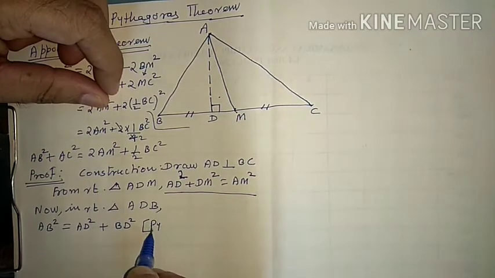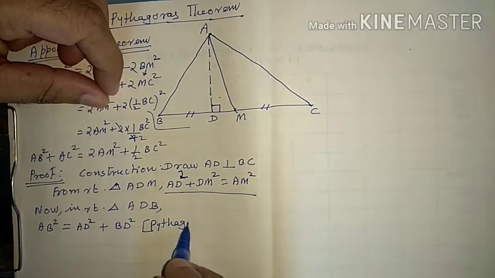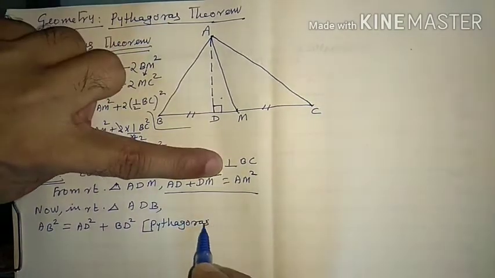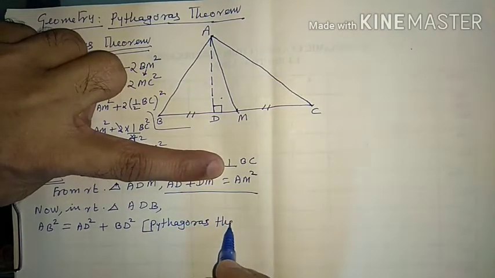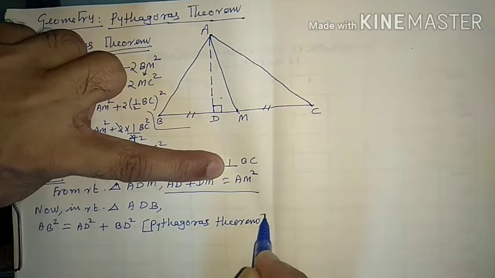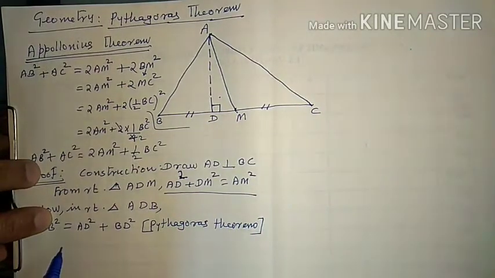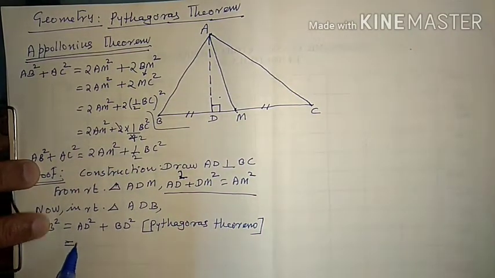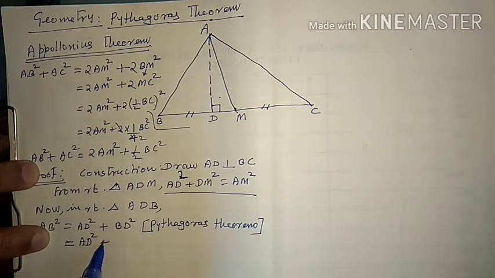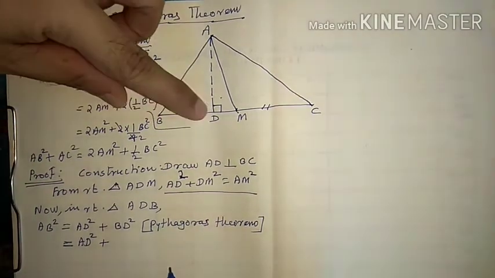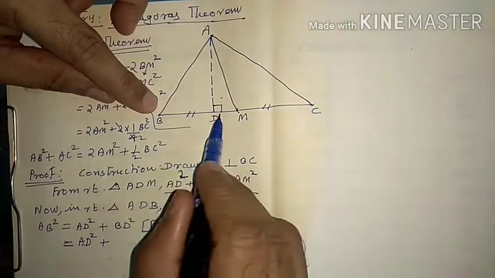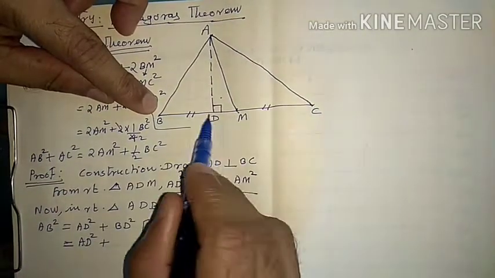We can say it is by Pythagoras theorem. Now we use some algebra also, presence of mind. AD square plus BD square.